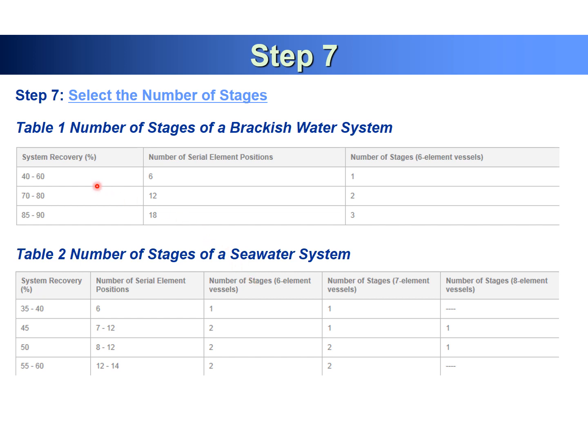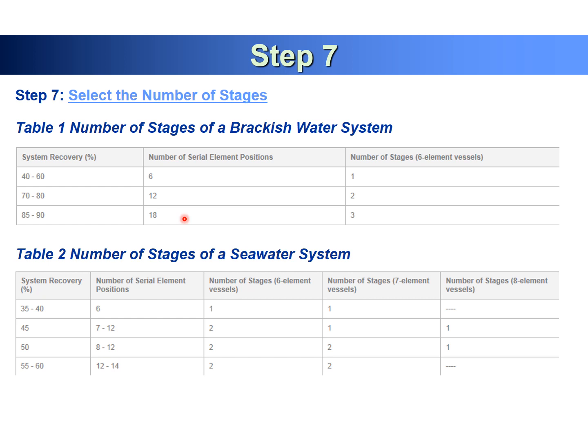And let's look at system recovery: 40 to 60%, 70 to 80%, 85 to 90% recovery for your wastewater or brackish water. And the number of serial element positions: 6, 12, 18.